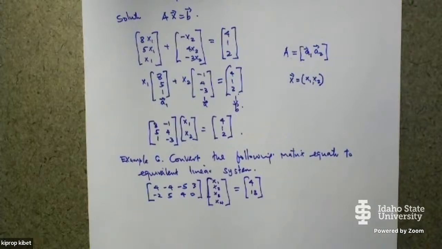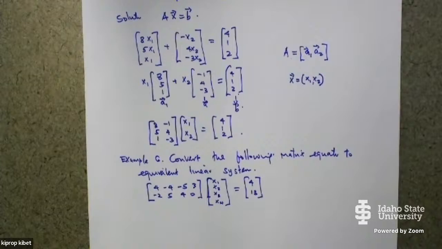If we use the row-vector rule, where we multiply this and that, this and this, equals this and this.